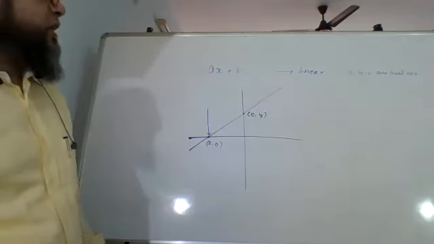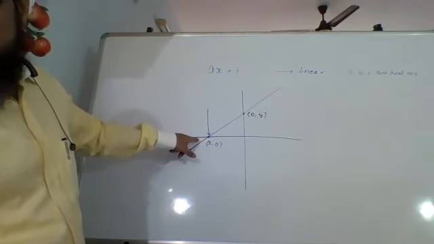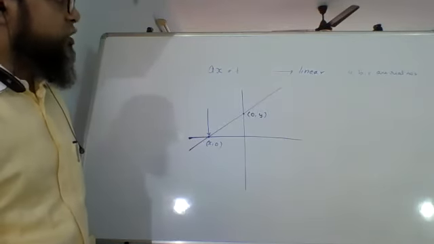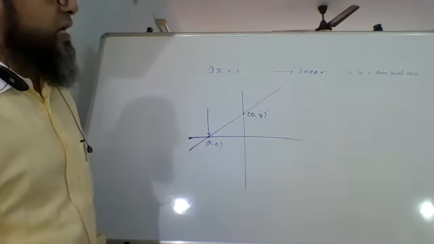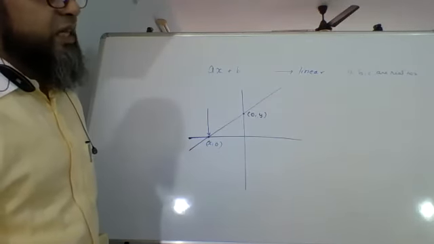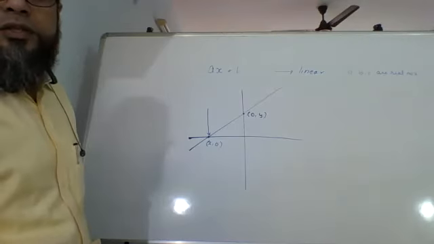In case of a linear, as we have seen, there will be one place where it will cut the x-axis. Wherever it cuts the x-axis, that is your zero of the polynomial for a linear equation.